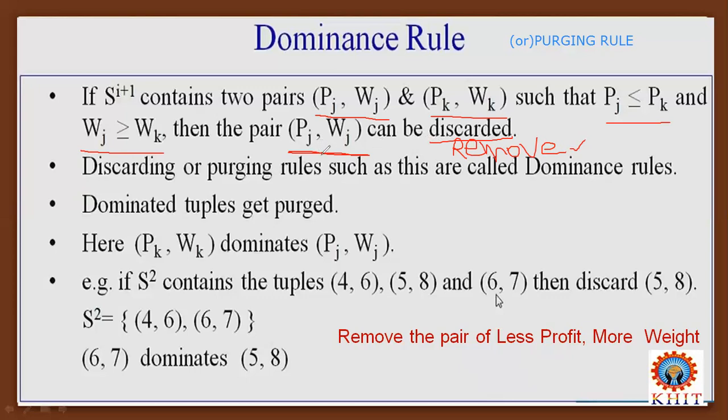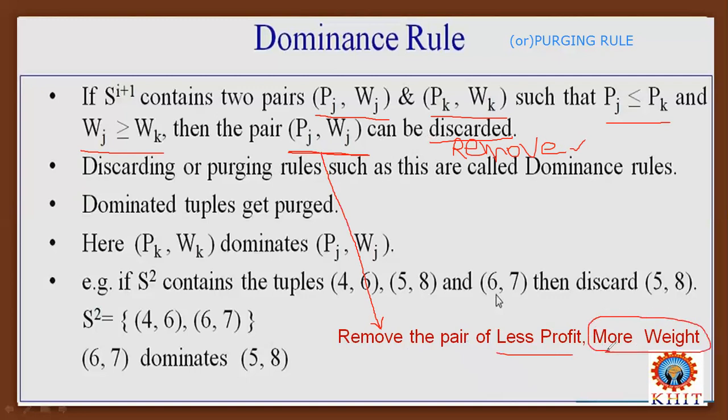That clearly indicates which type of pair we need to remove. If consecutive pairs of values are available, always remember to remove the pair with less profit and more weight.